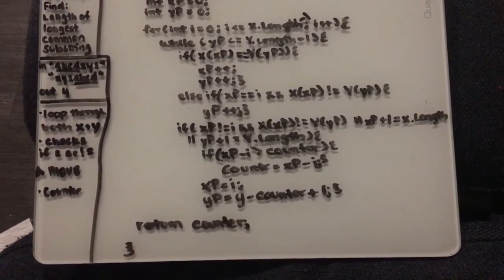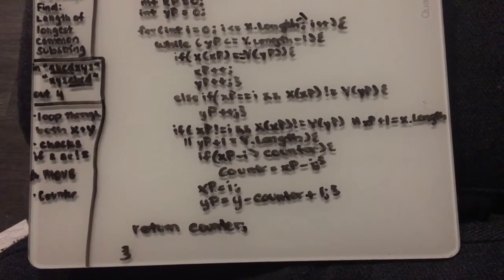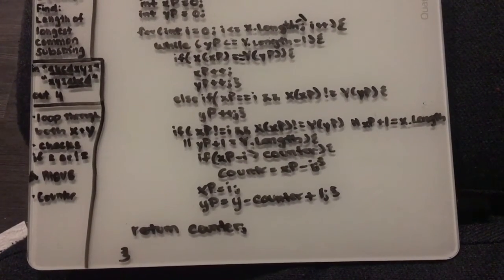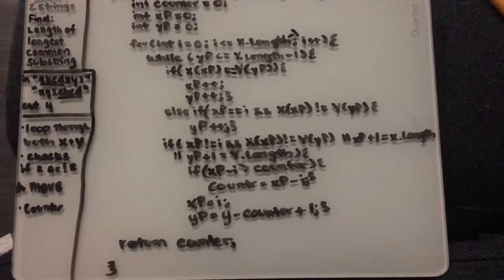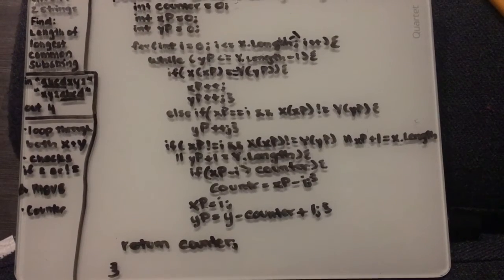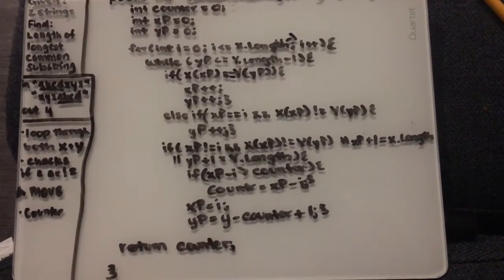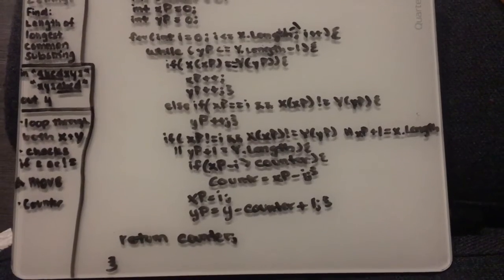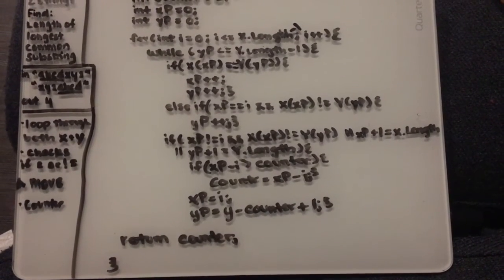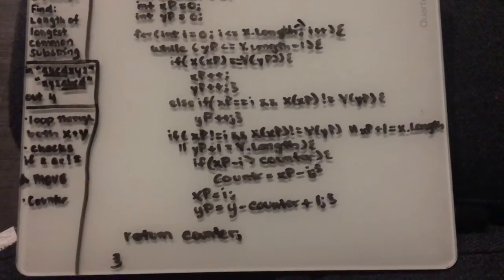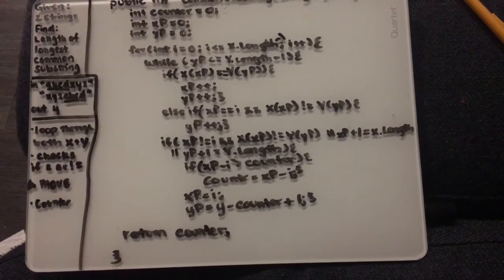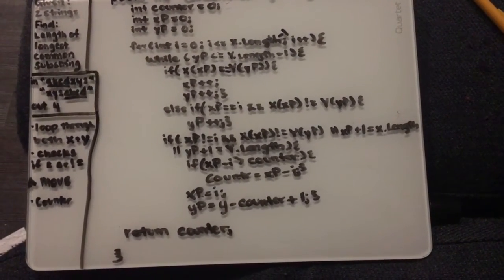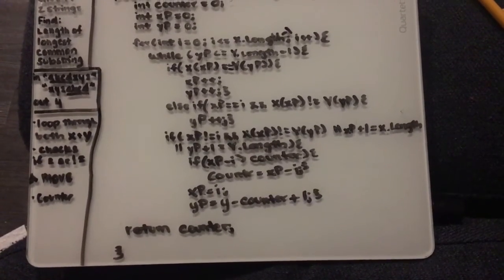Then we're going to check if the x pointer minus I is greater than the counter, and if that's true, then we're going to set the counter equal to the x pointer minus I. Then we're going to set the x pointer equal to I, so we're going back to whatever character we're on in the loop, and we are going to set the y pointer equal to y minus the counter plus 1.